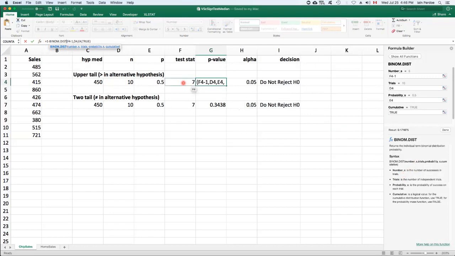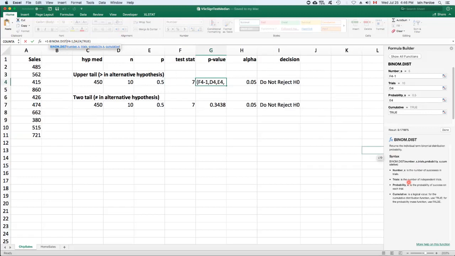But I'm actually going to subtract 1 here, because I'm going to use the cumulative distribution function to figure out the probability of getting up to 6 successes. And then I'll subtract that from 1 to find the probability of 7 or more successes. So that's why I've subtracted 1 in the first argument.